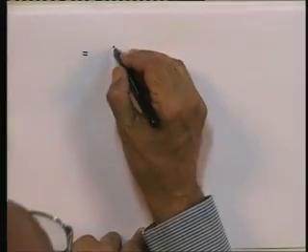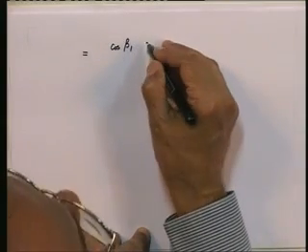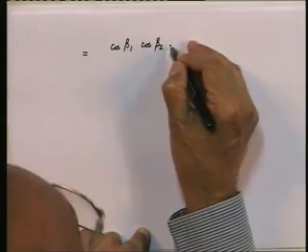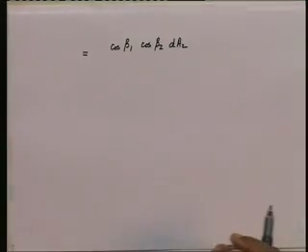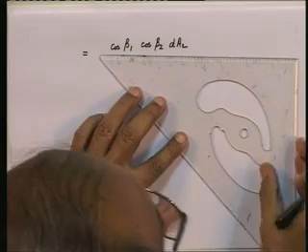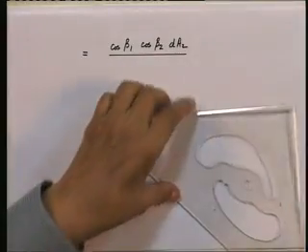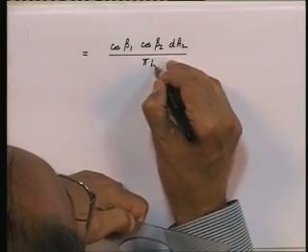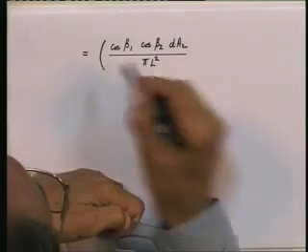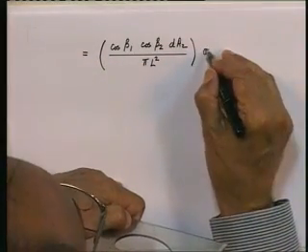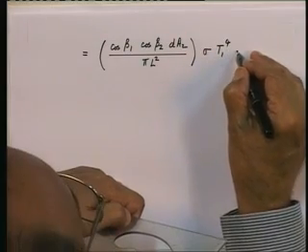Let us clean it up a little. I can rewrite the same expression as cosine beta 1 cosine beta 2 dA2 divided by pi L squared, the whole thing multiplied by sigma T1 to the power of 4 dA1.